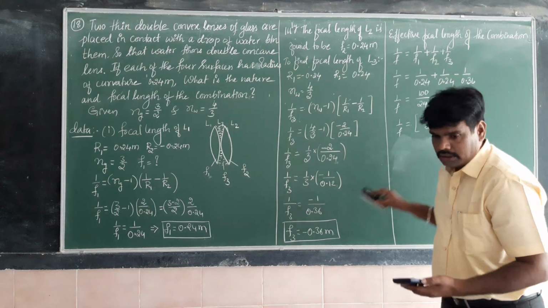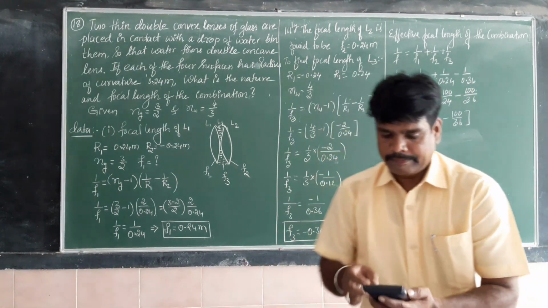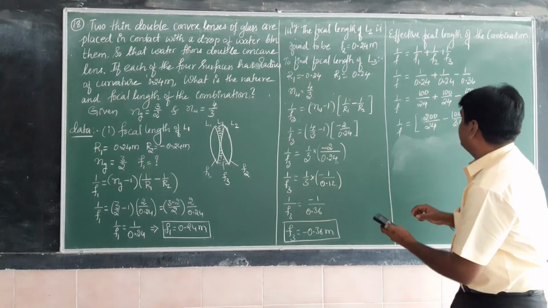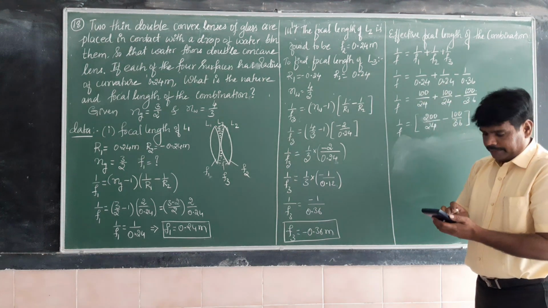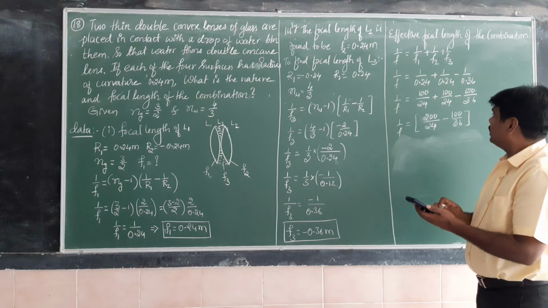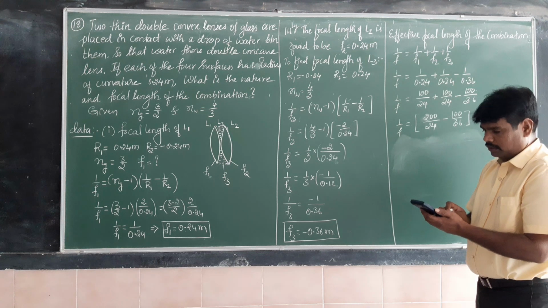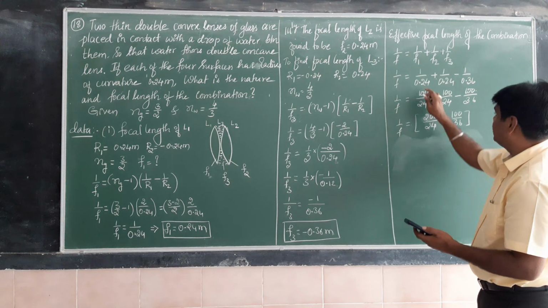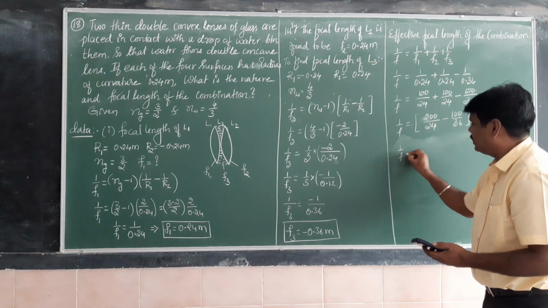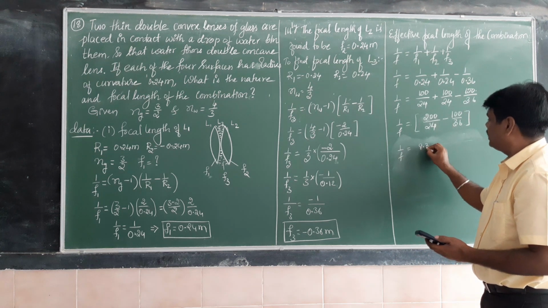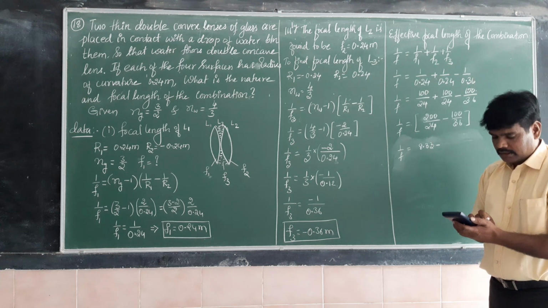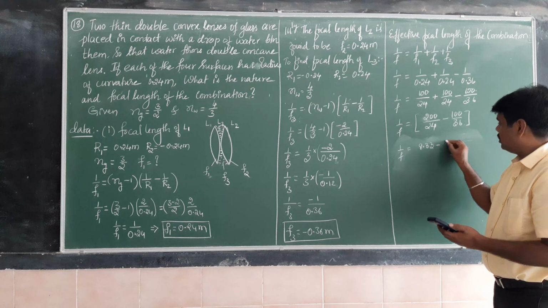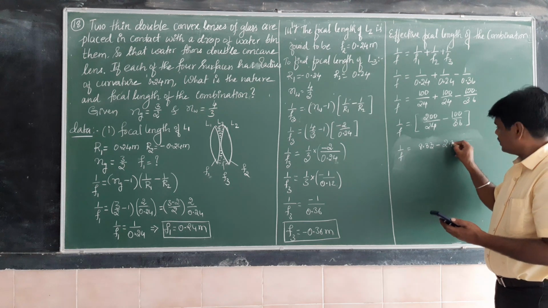If I simplify this by using the calculator, directly 2 divided by 0.24, we are getting 8.33 here. 1 by f is equal to 8.33 minus 1 by 0.36. 1 divided by 0.36 can be written as 2.77.